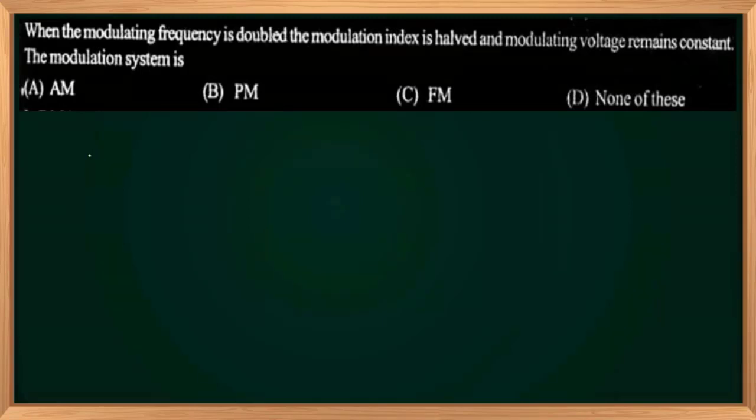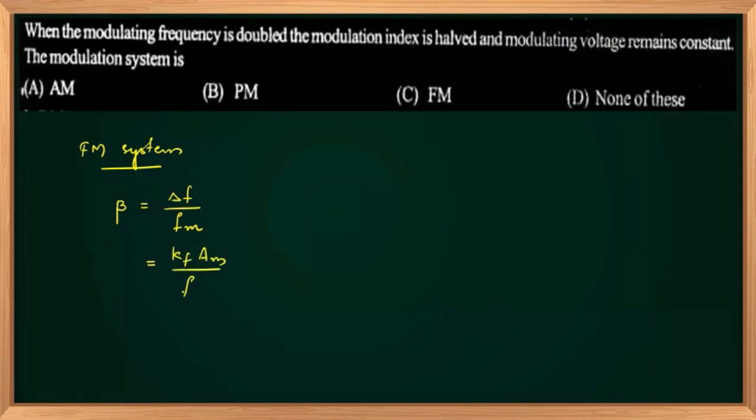In an FM system, the modulation index beta is given by delta F divided by FM, which is KF into AM divided by FM. The modulating voltage remains constant. The frequency of the modulating signal FM is doubled.